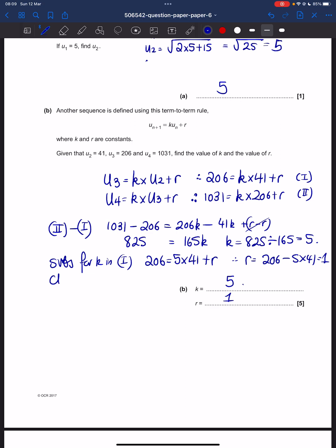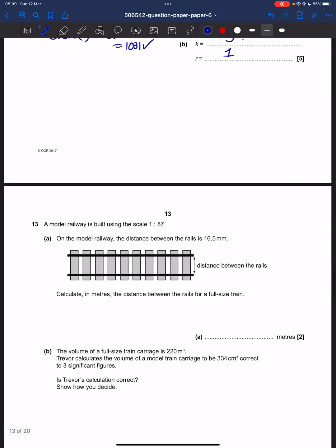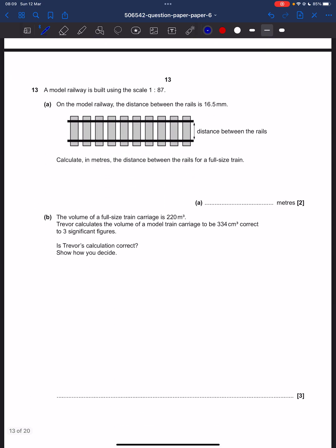Okay, and let's just check with 2. What I need to have is that k times 206 plus r has to make 1031. 5 times 206 plus 1 does equal 1031. So I'm happy.